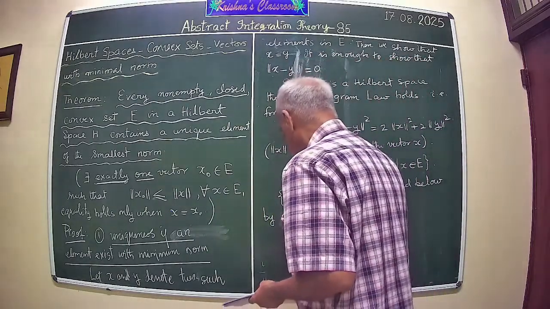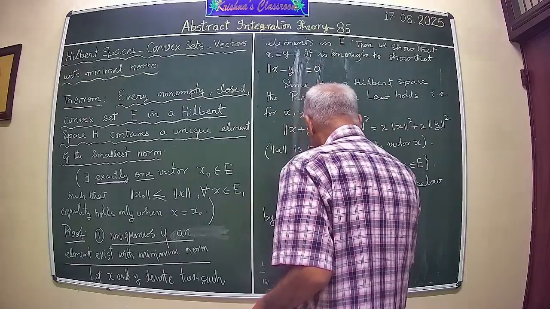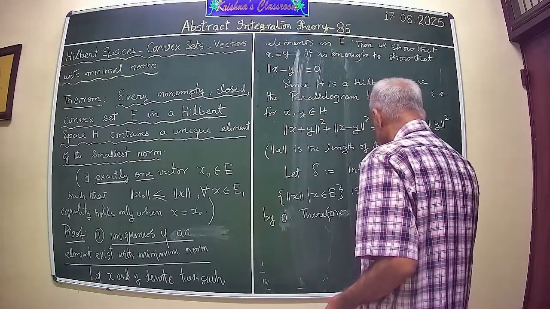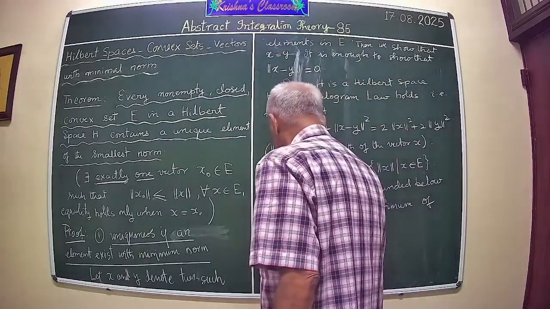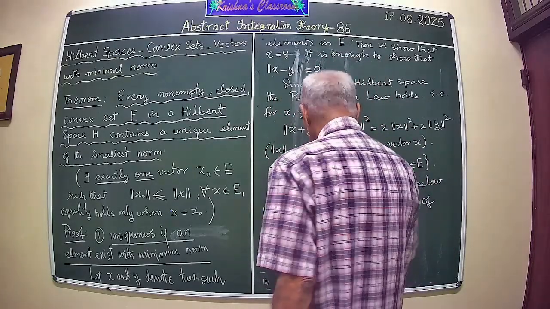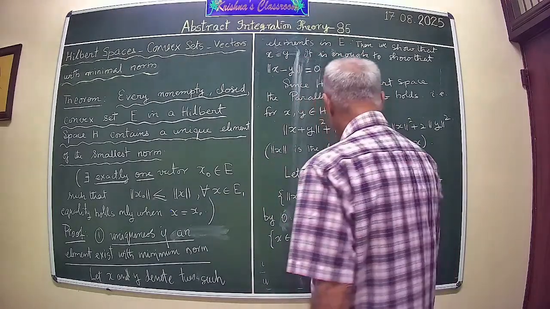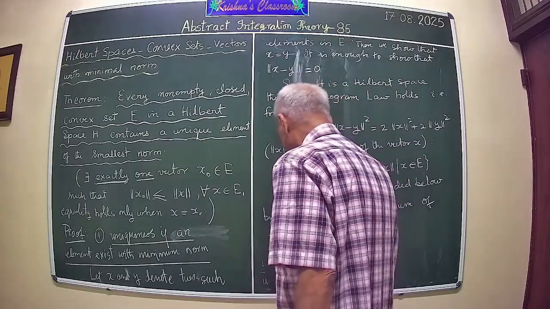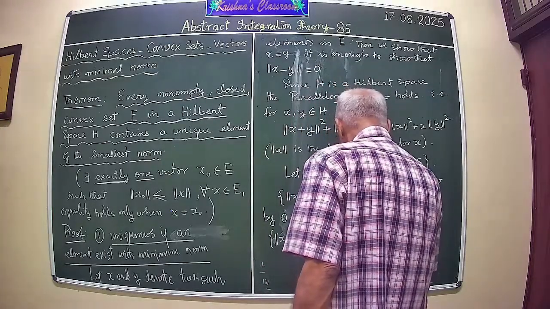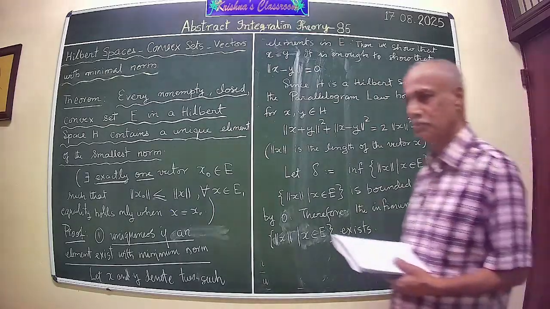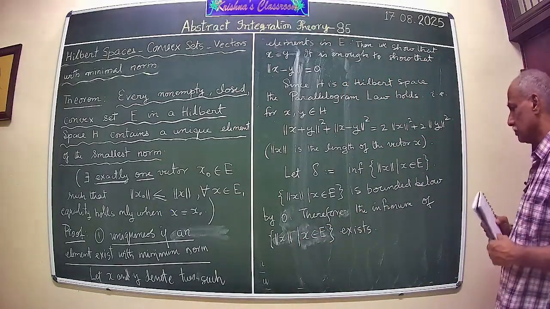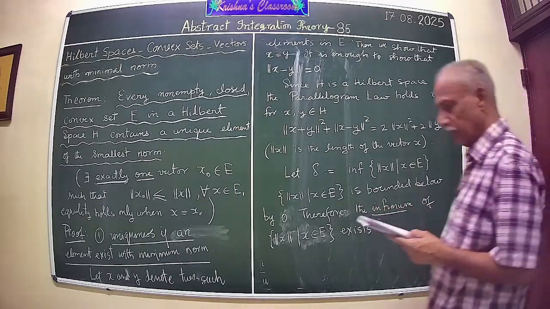By 0, therefore the infimum, maybe in the worst scenario it may be 0. Nothing less than that, because it is a set of real numbers which is bounded below. Therefore the infimum exists. Now we shall use this.